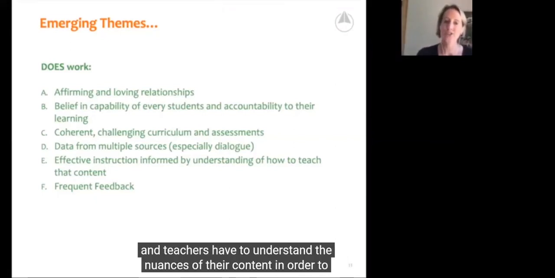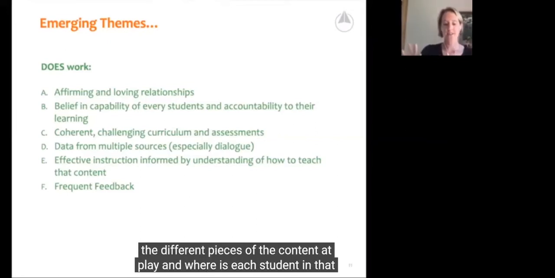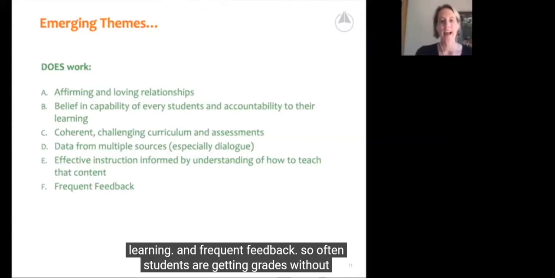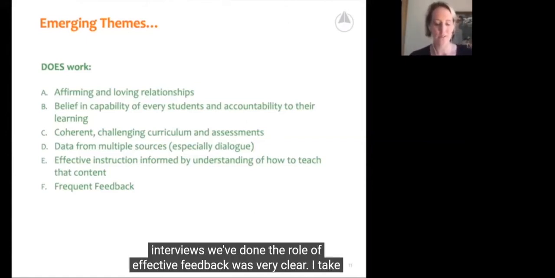And teachers have to understand the nuances of their content in order to personalize instruction of that content, because they need to understand what are the different pieces of the content at play and where is each student in that learning. And frequent feedback. So often students are getting grades without getting feedback on why they got those grades. And across all the different interviews we've done, the role of effective feedback was very clear.